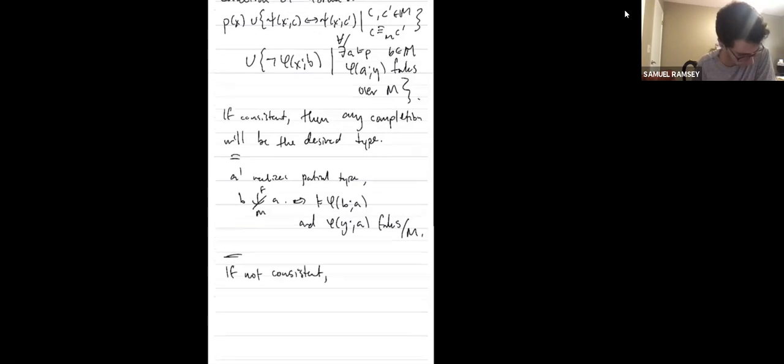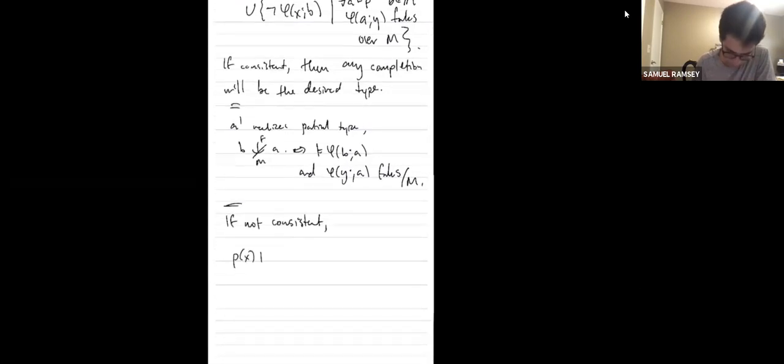Well, if not consistent, then P(x) will imply a disjunction of the form φ(x, b), or a disjunction of some formulas which say not (φ(x, c_i) if and only if φ(x, c_i')).